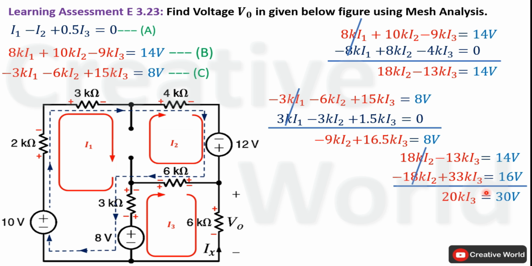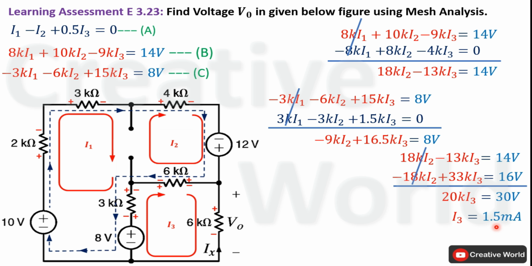And on the other hand side of equal, the sum of 14 volt and 16 volt will become 30 volt. Now in order to find the value of current I3, divide on both sides with 20k. The value of current I3 will become 1.5 milliampere.